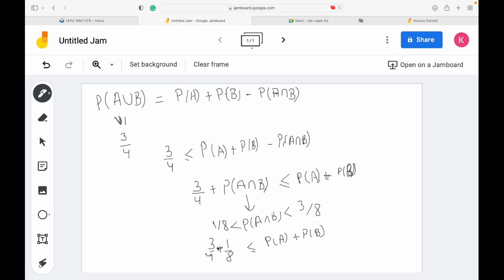And if this is greater than this quantity, it will be greater than the quantity 3 by 4 plus 3 by 8, right? As 3 by 8 is greater than 1 by 8, that's why this will be the lower bound for this PA plus PB. So this will be 7 by 8, right? So PA plus PB is greater than 7 by 8.